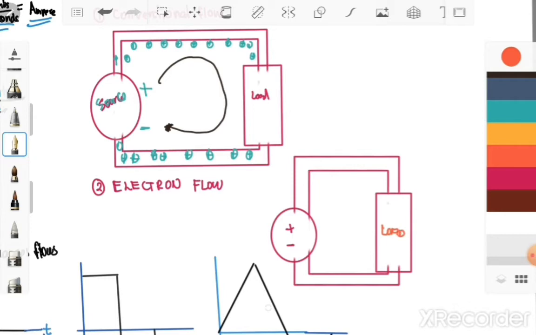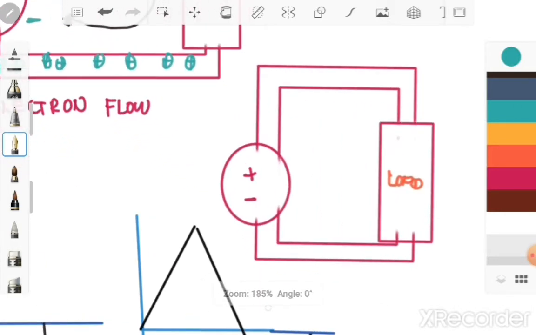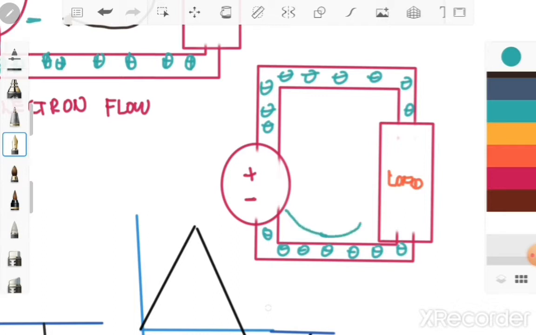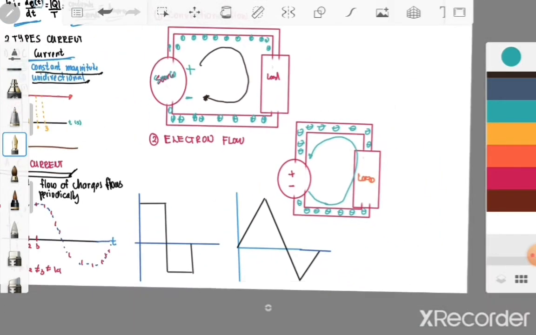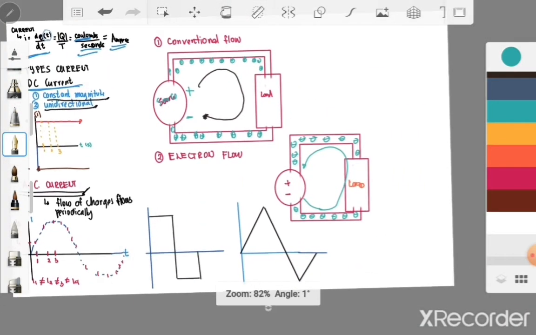When you're talking about electron flow, your electron will flow from negative to positive, which means that the electron will go out of the negative of the source going to the positive. That is your electron flow.